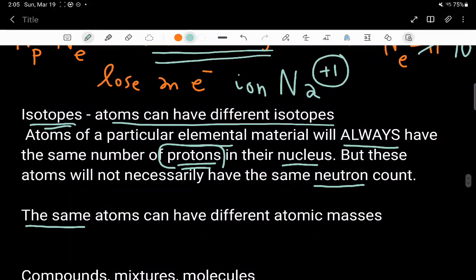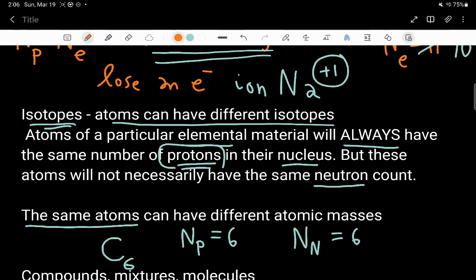So that means the same type of atom, that is, it will have the same atomic symbol, like for example, capital C is the atomic symbol for carbon, and carbon has atomic number 6, right? So carbon is a 6-proton atom, so the number of protons is 6, but there can be an isotope of carbon that has the number of neutrons equal to 6, but we can have another isotope where the number of neutrons is equal to, for example, 7, right?